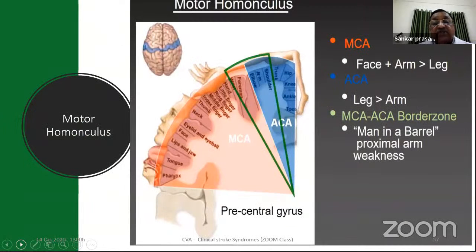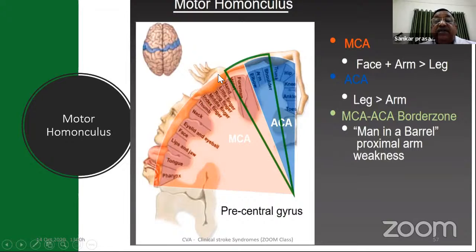So that brings us to the motor homunculus, and you see the leg area in the anterior cerebral artery territory. So if there is an infarction, you get leg more than arm. The middle cerebral artery has a huge area, so you get face and arm more than leg. You see, this is the face and the arm.